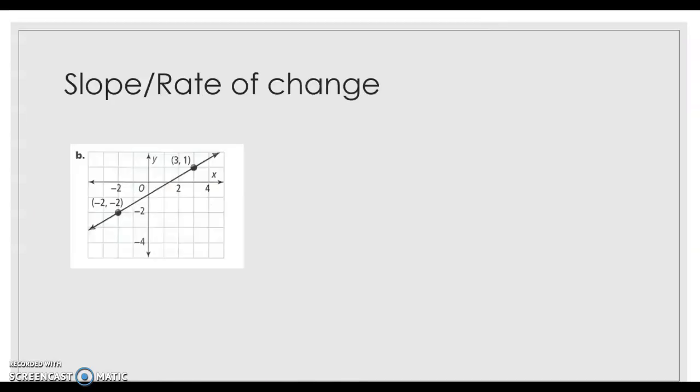From there, we talked about slope, and that slope is a rate of change. And so slope equals m, which is our rise over our run, which is also our y minus y over x minus x.